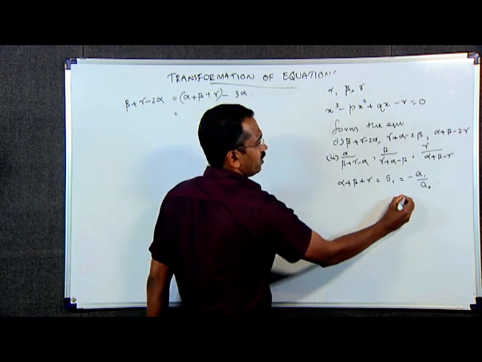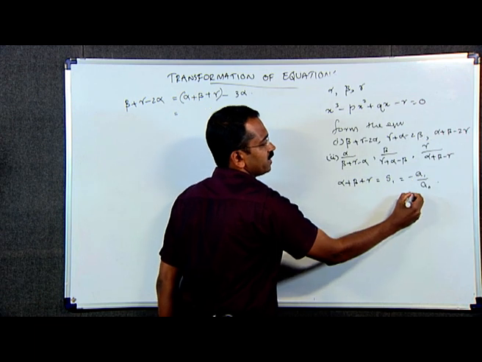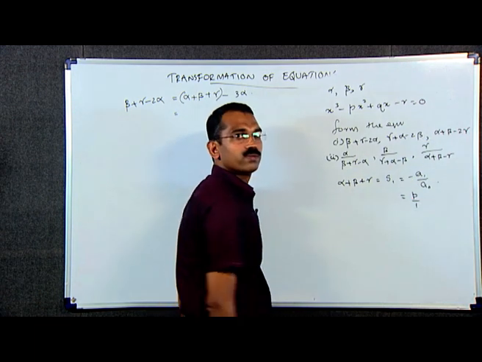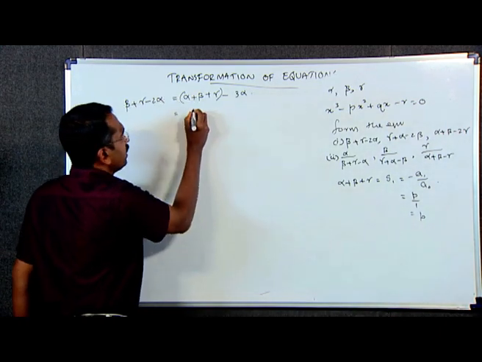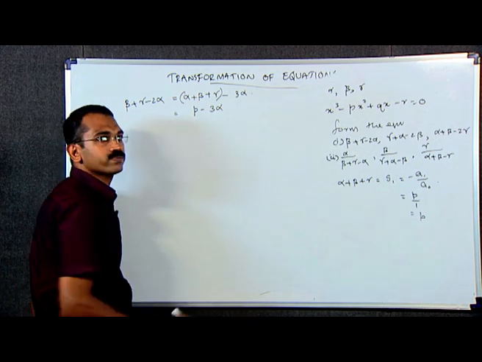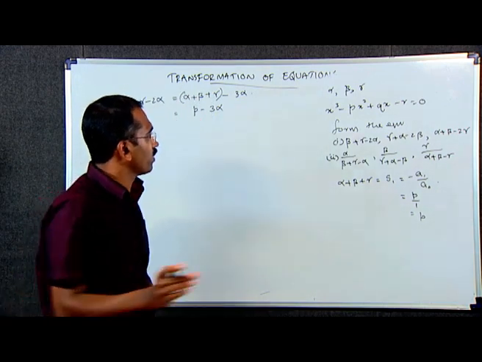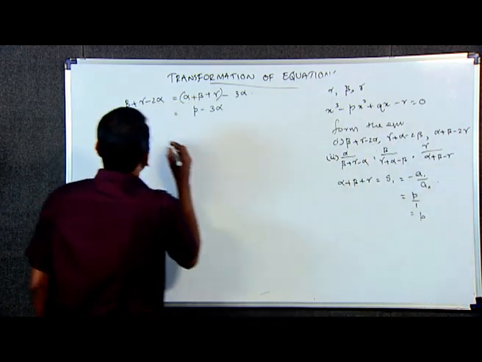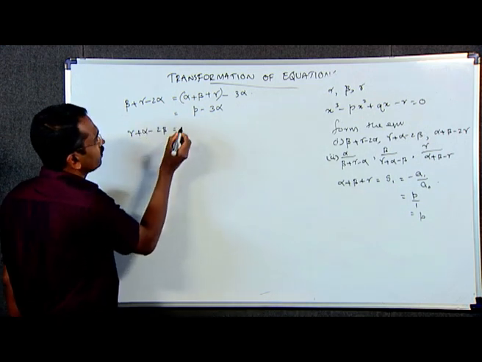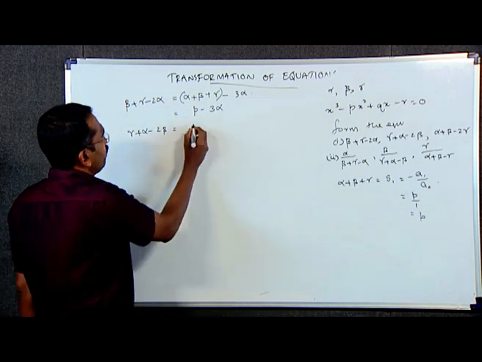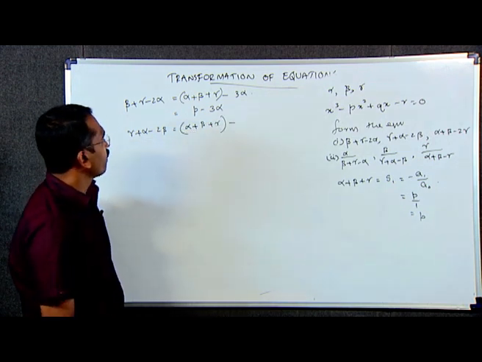In this case, A1 is minus P, therefore minus A1 means minus of minus P, that is P, divided by A0 which is 1, that is equal to P. Therefore, we can write here P minus 3 alpha. Similarly, for this root gamma plus alpha minus 2 beta, this can be written as alpha plus beta plus gamma minus 3 beta.